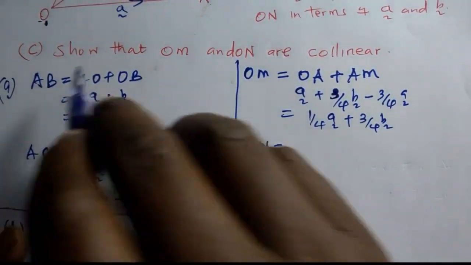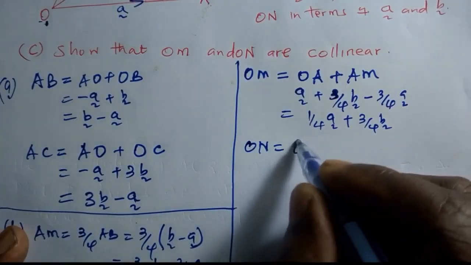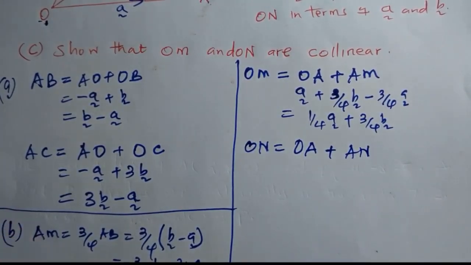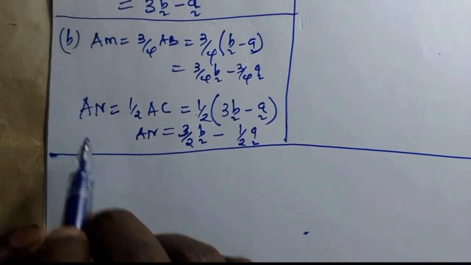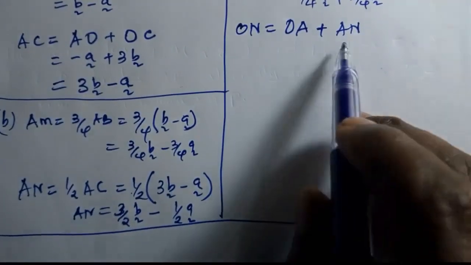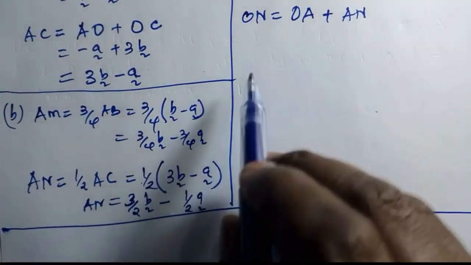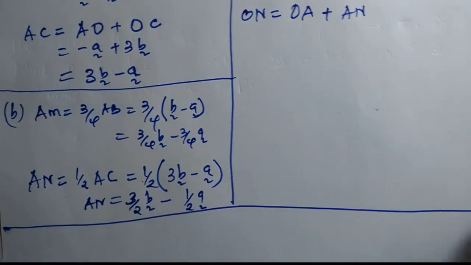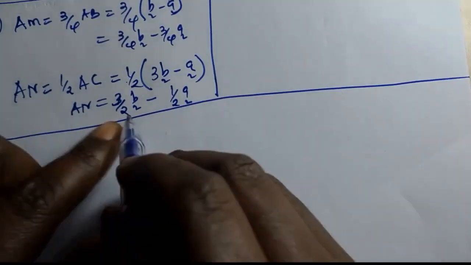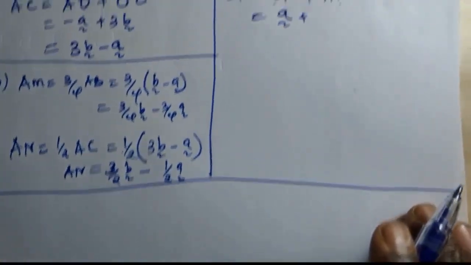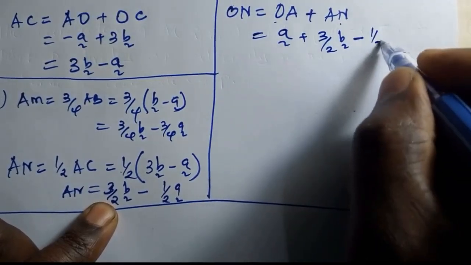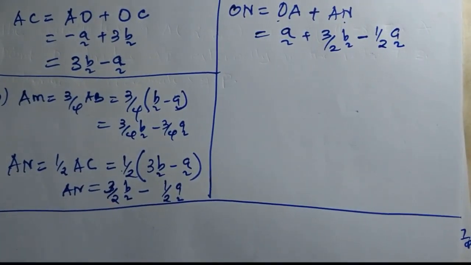We use AN because we have already obtained AN and we want to express ON in terms of B and A. So ON is A plus AN, and our AN is 3 over 2 B minus 1 over 2 vector A. Right?